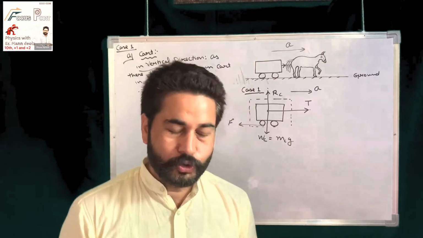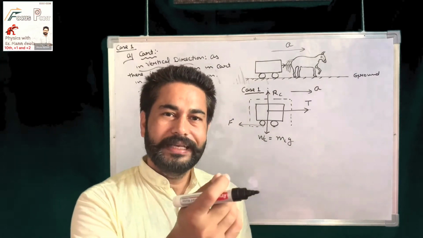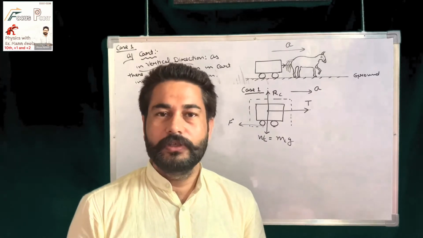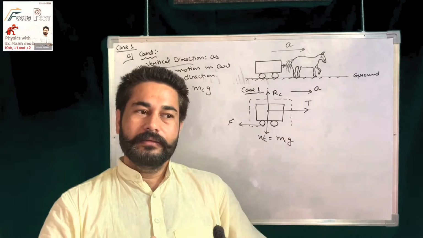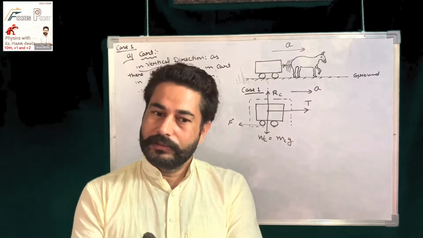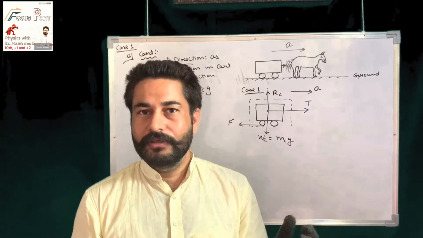Suppose you can also assume this like there is one cart and you apply a little bit of force on the cart. Will you be able to pull it? No, you will not be able to pull it. Why? Because you are not able to break the limit of the static friction. Then you increase the force a little bit more, still you are not able to pull the cart.